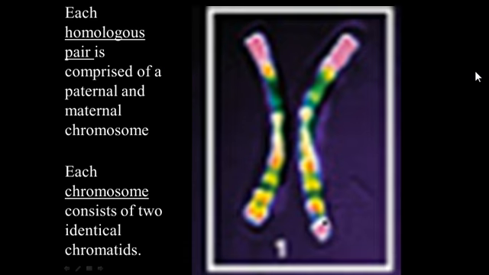If we look very closely at this, you can see that this chromosome actually is two chromatids sitting very closely together. Same thing here. This is two identical chromatids. So what do we have here? Well, we have a tetrad. We actually have a group of 4 chromatids, which is how we end up with 4 chromosomes during meiosis.